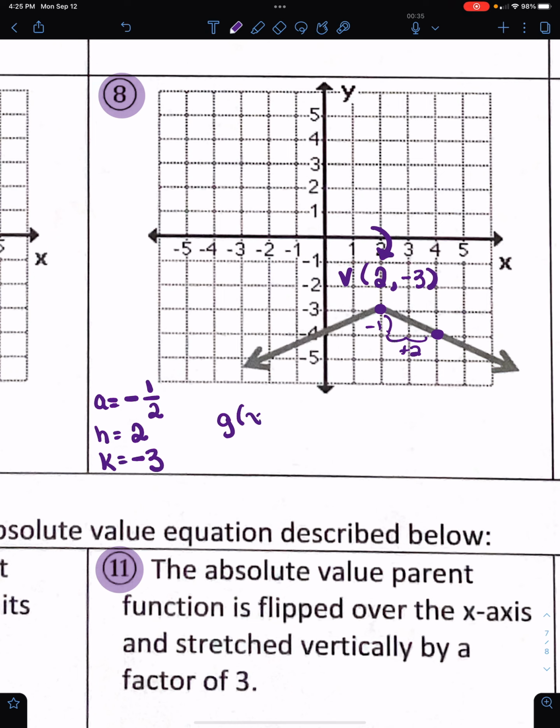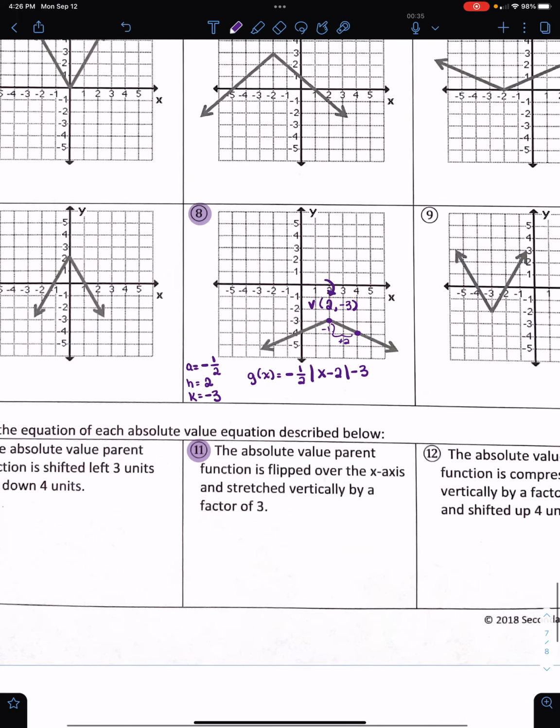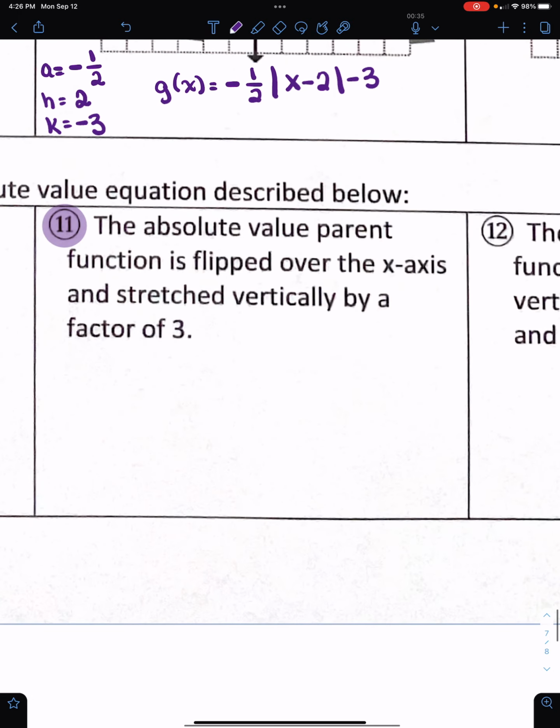So I've got g of x is equal to negative 1/2 absolute value of x minus 2, and then k is negative 3. Okay.